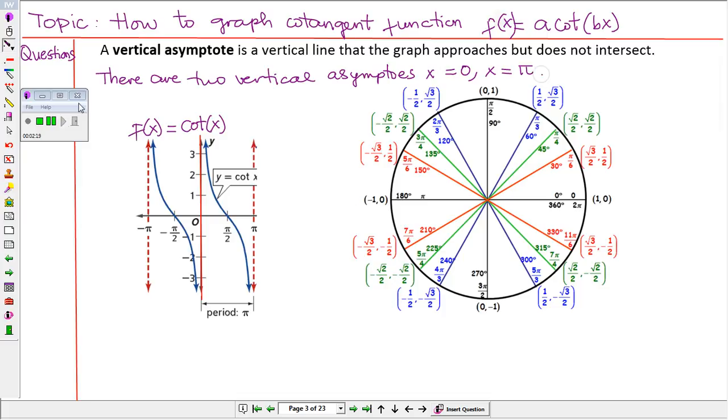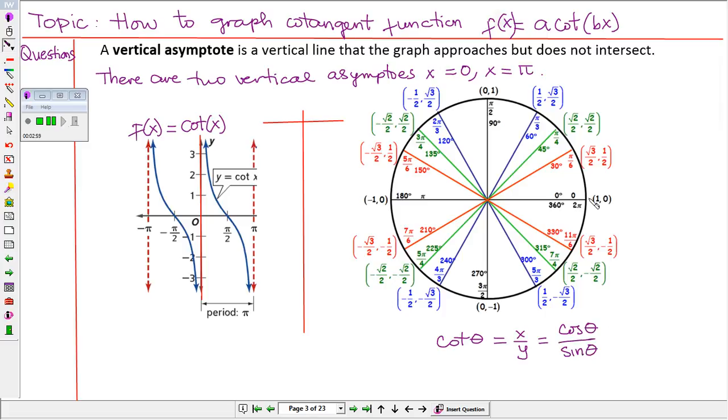Next, we are going to make a table to find cotangent. Let's make a note for ourselves that cotangent of any angle theta is x over y, or cosine of theta divided by sine of theta.